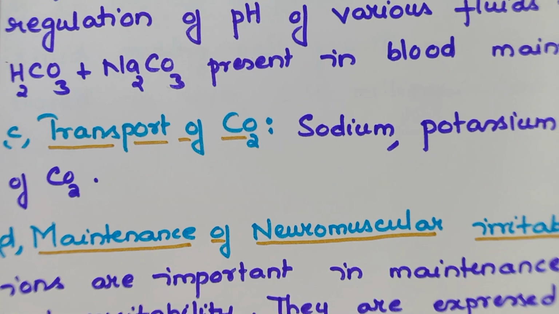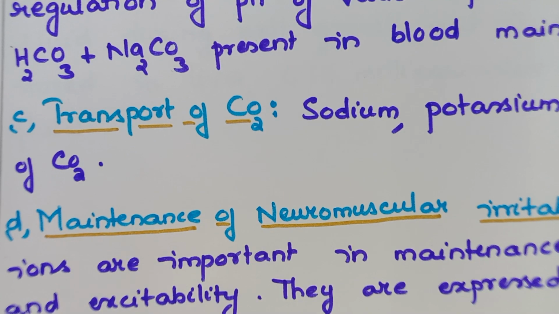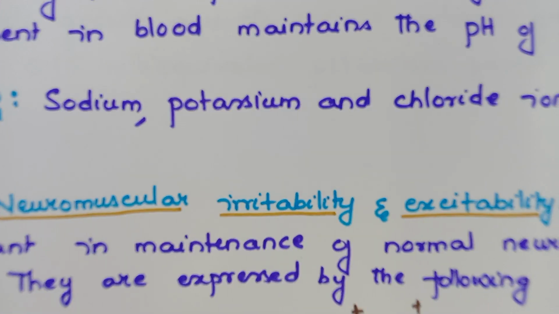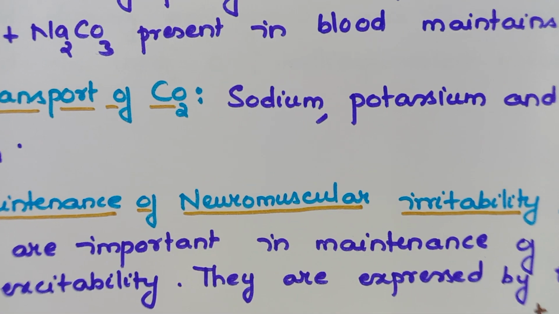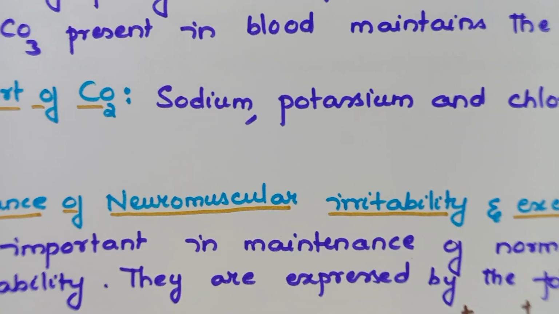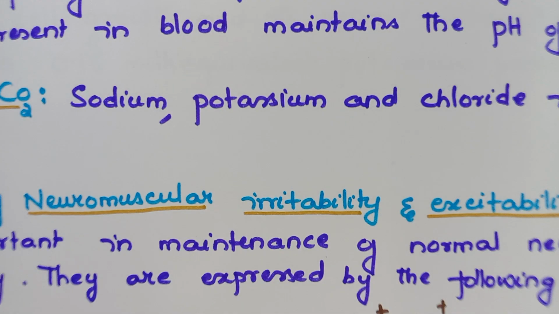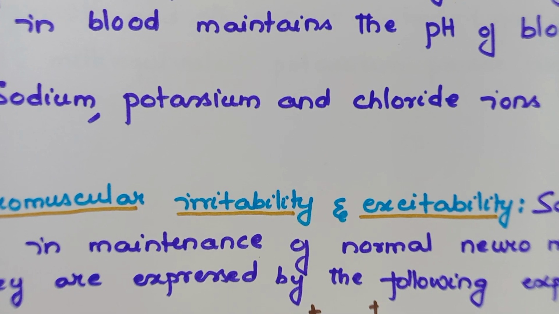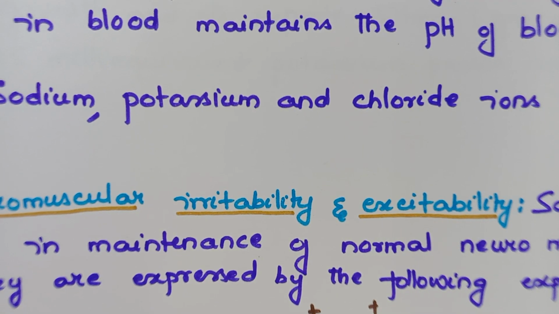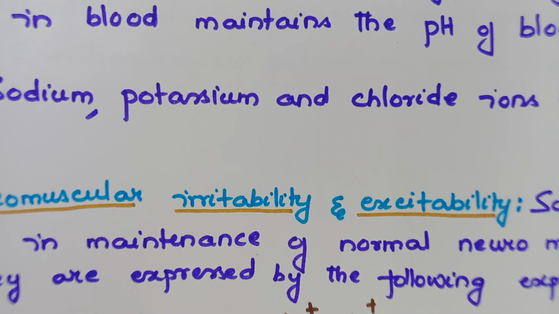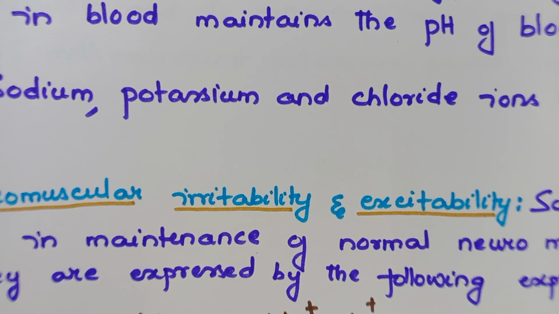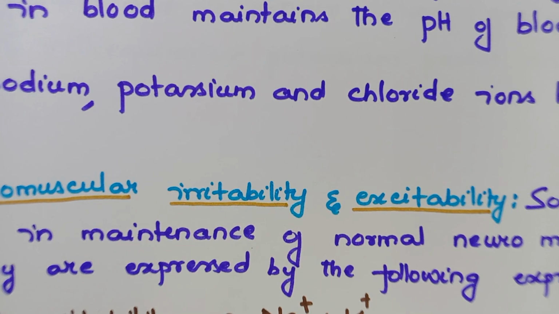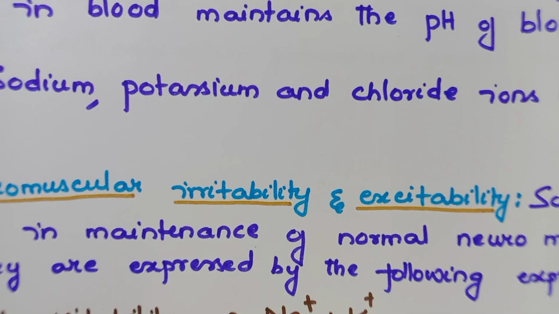Next, fourth one, maintenance of neuromuscular irritability and excitability. Underline, students. Now, what is this function? Sodium and potassium ions help in the regulation or maintenance of neuromuscular irritability and excitability.